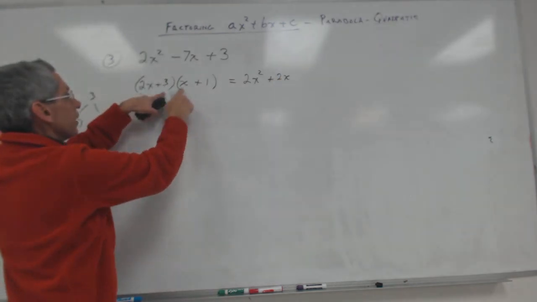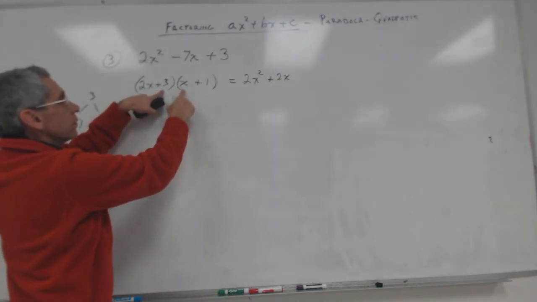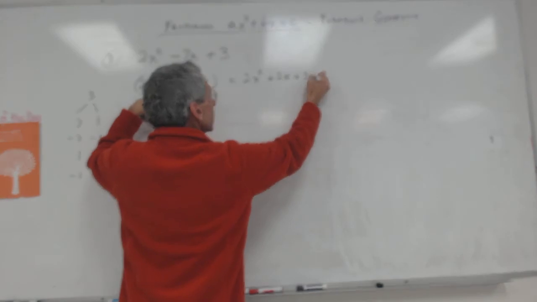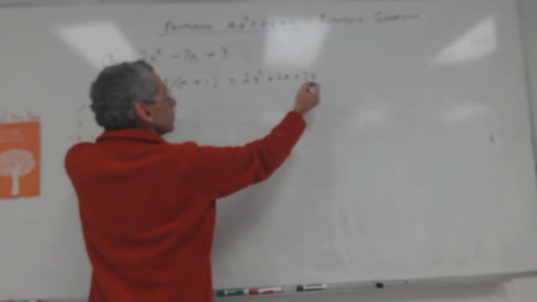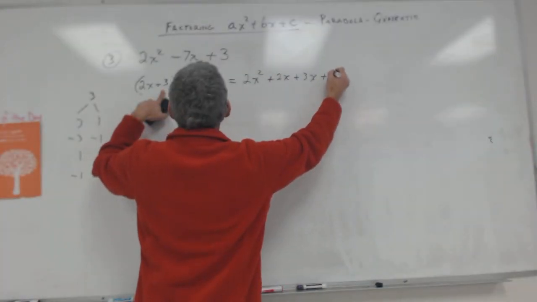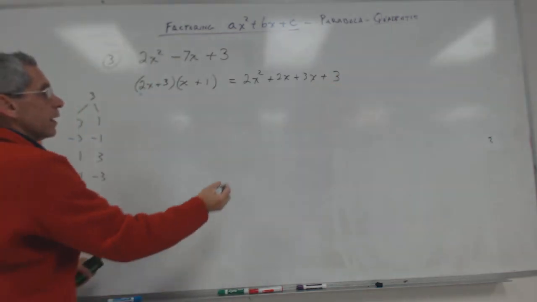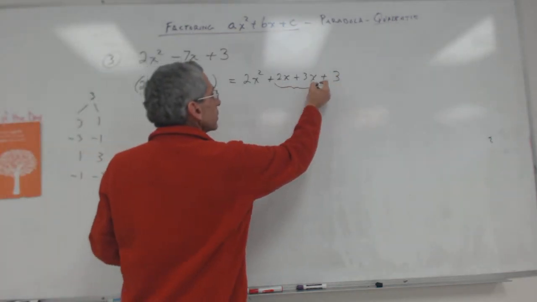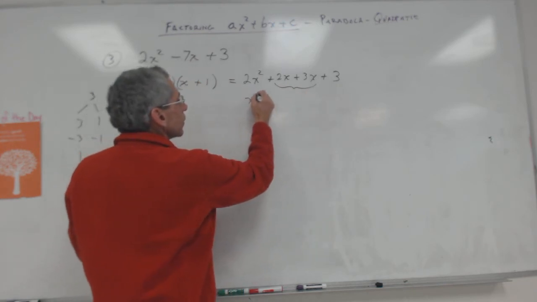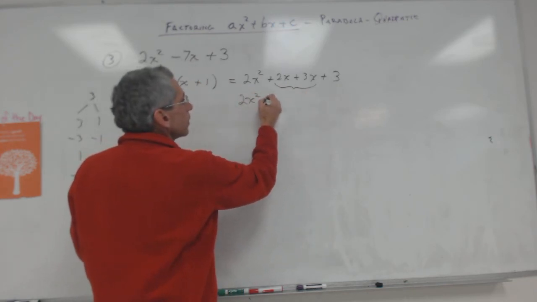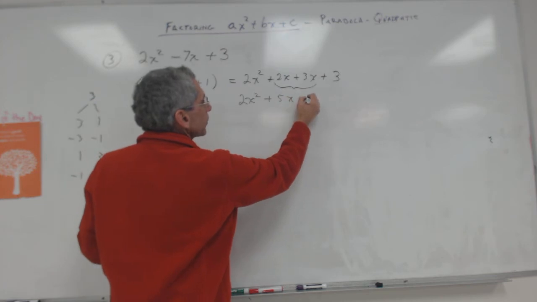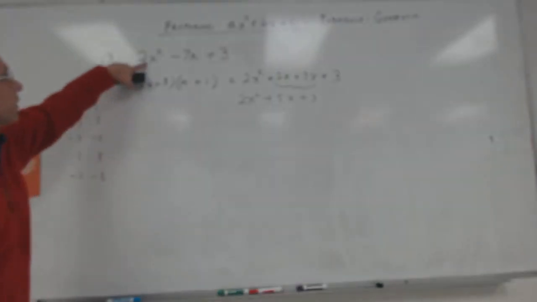Okay, inside. 3x. Last. 3 times 1? 3. Okay, now let's combine these. So we've got 2x squared plus 5x plus 3. Did we get it? Nope.